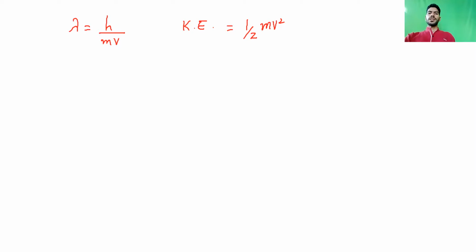Now if I just multiply this equation by 2m, so can I write like this, that multiply the whole equation by 2m. So how can I write it?